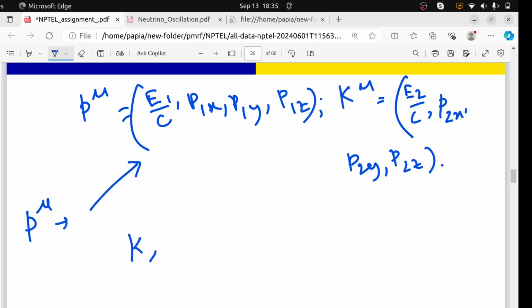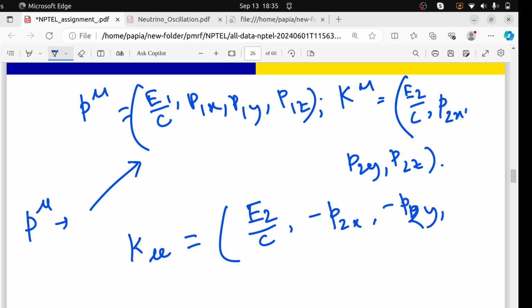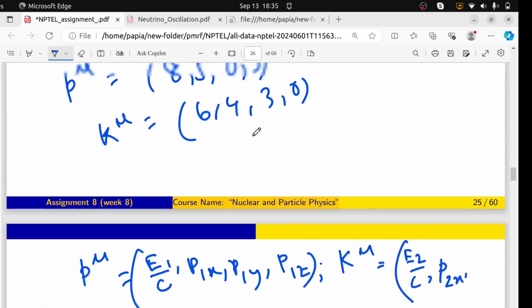Now coming to K mu. It is in the superscript, whereas right now we are writing it in the subscript. So the value for that will be E2 by C minus P2x minus P2y minus P2z. Why can I write it like that?